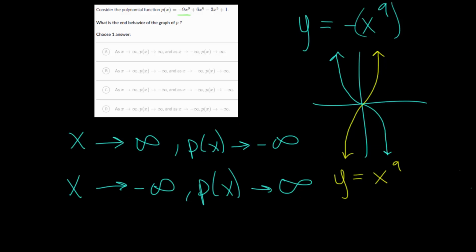Let's do one last question. In this one, our dominant term here is this minus 5 times x to the sixth. So we need to look at the parent function for x to the sixth, but then we're going to make it negative. So let's quickly sketch that.